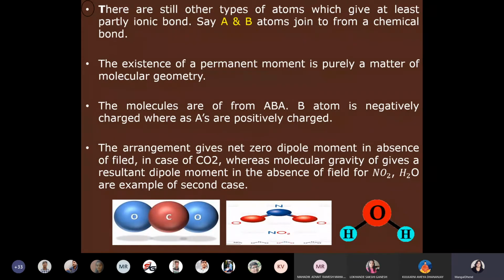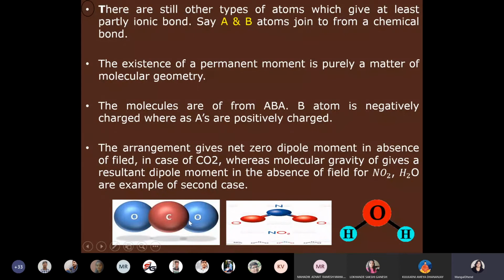So what do you see in picture B? In picture B, dipole moments are in different directions. You can see here NO2. Means this is also an example of ABA. So who is A? Nitrogen is B and oxygen is A. But in this case, their covalent bonds are directed like this and there exists some angle. So a net dipole moment will exist here.